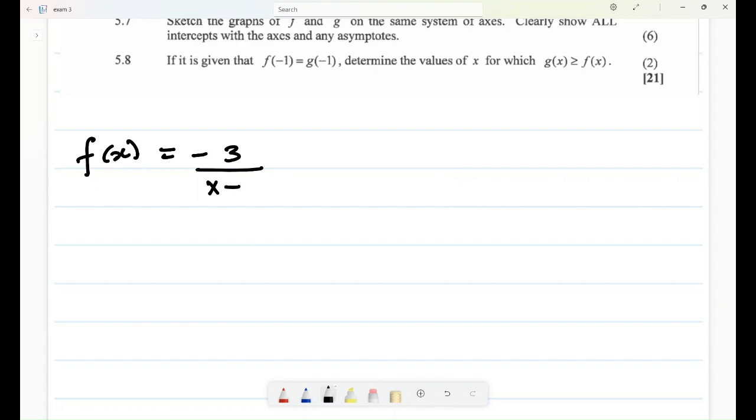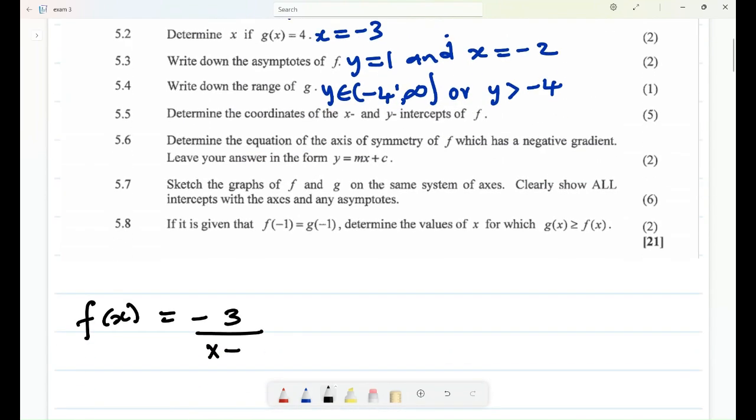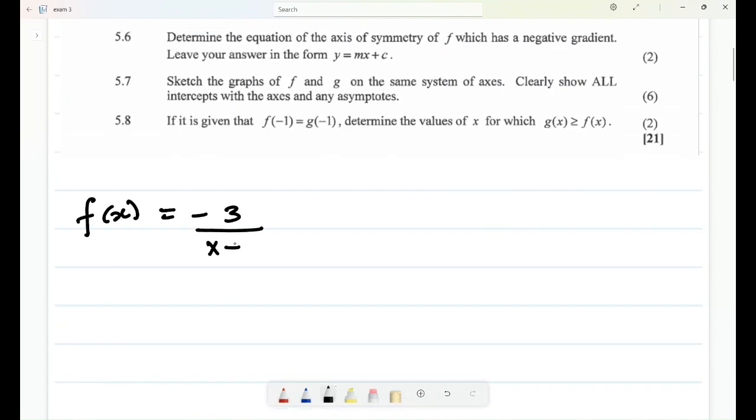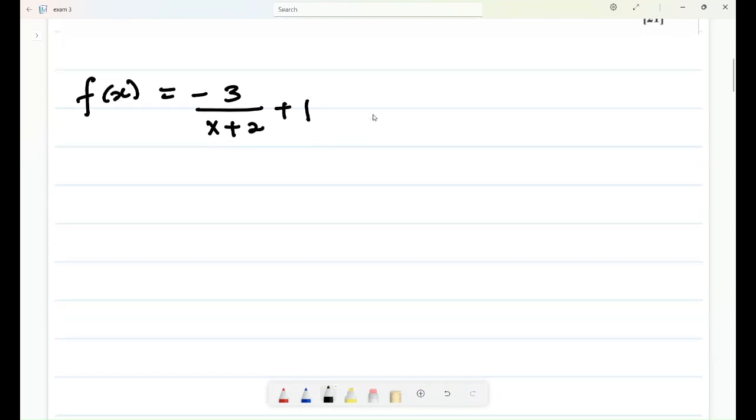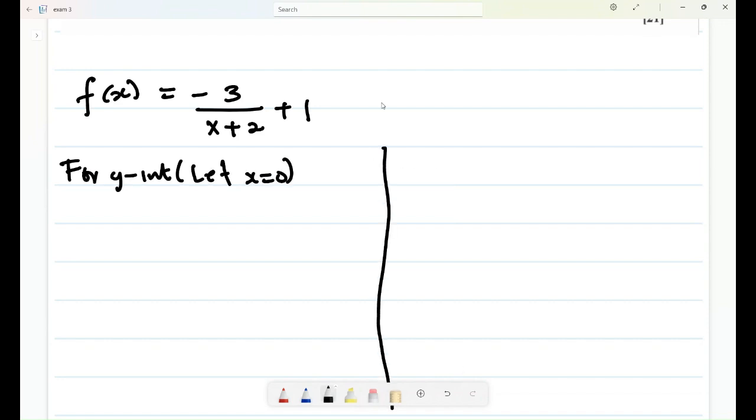Was it minus 3 over x plus 2 plus 1? So I know for the y intercept, I'm going to let x equal to 0. Then let me divide this.